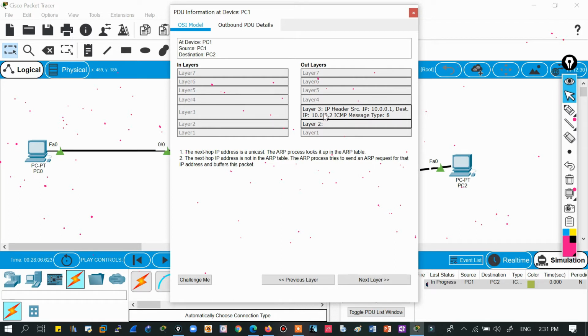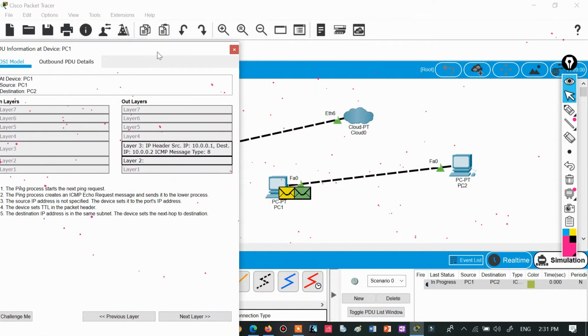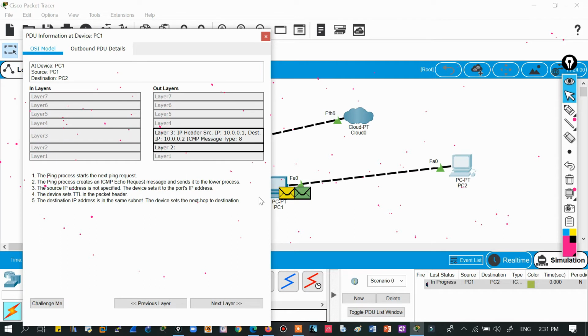At each layer these data units were called protocol data units, and at layer 4 that PDU was known as segment, and at layer 3 it was known as packet. In a packet we have IP information, source IP and destination IP. So this is the source IP 10.1 and this is the destination IP 10.2, right? If you see these packets, I'm having IP here.